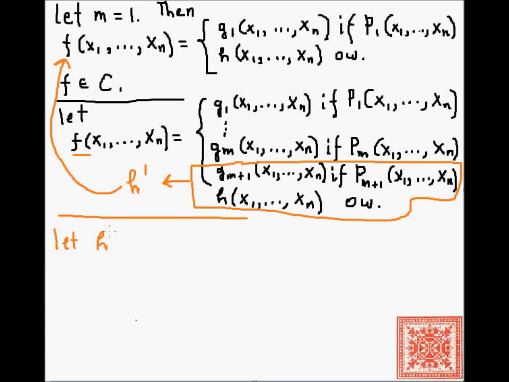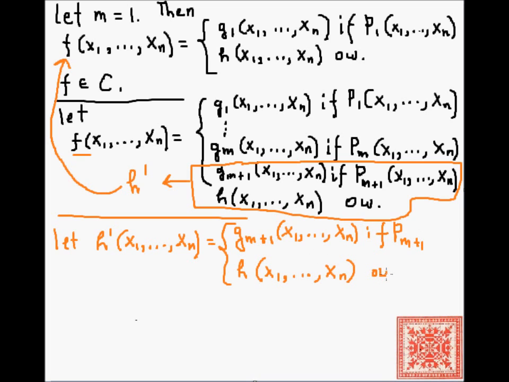No, I misspoke. h prime is in C. So C is any primitive recursively closed class, and not necessarily primitive recursive. So let h prime of x1 through xn be defined as g of m plus 1 of x1 through xn if p of m plus 1 of the arguments, and otherwise h of x1 through xn. Then h prime is in C, the primitive recursively closed class.